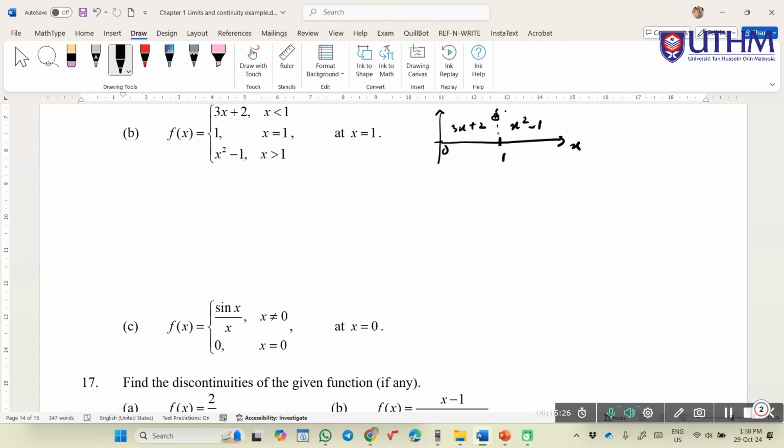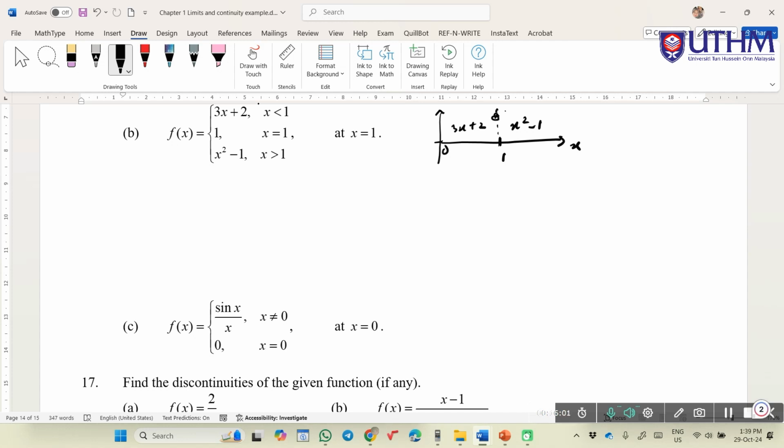Previously we learned how to determine the limit of a piecewise function. If the function has a different rule at a certain point, in this example at x equal 1, and we want to know the limit at that point, we need to find the limit from the left and right hand side.